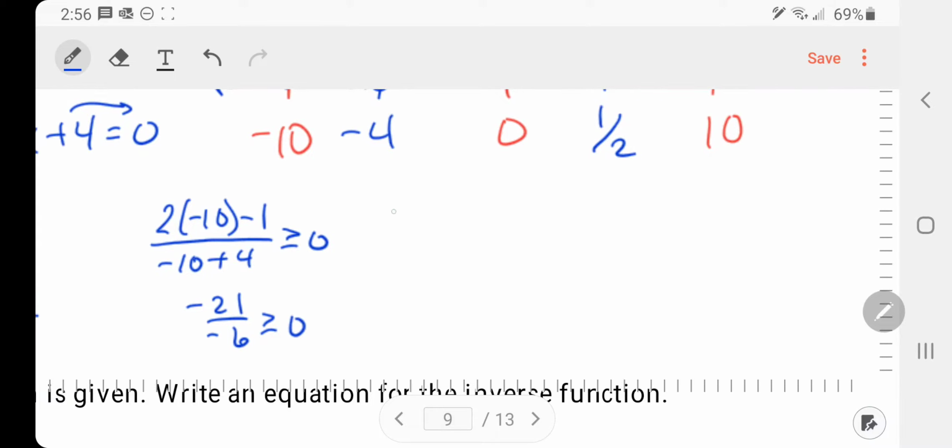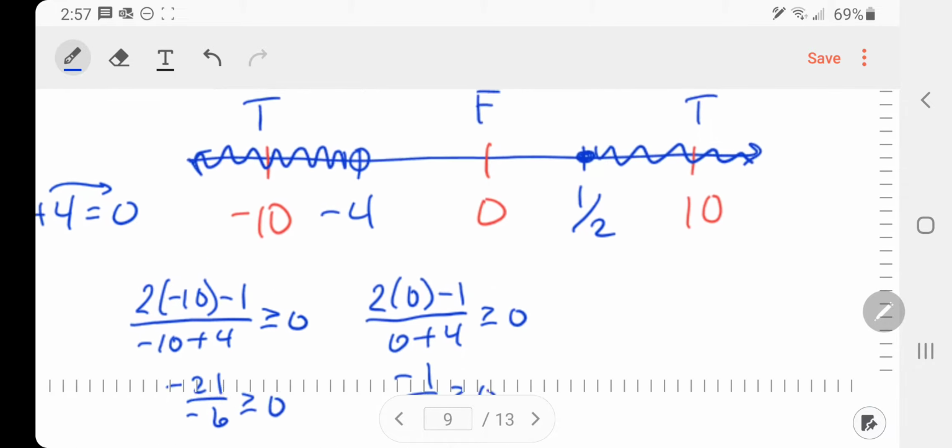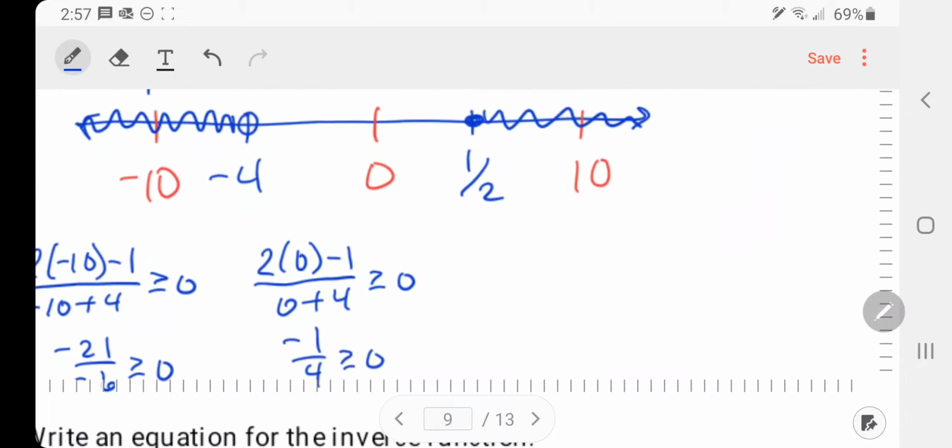Okay, checking the 0. 2 times 0 minus 1 over 0 plus 4. Is that greater than or equal to 0? Let's see. That's going to end up being -1/4. Negative numbers are not greater than or equal to 0. That's false.